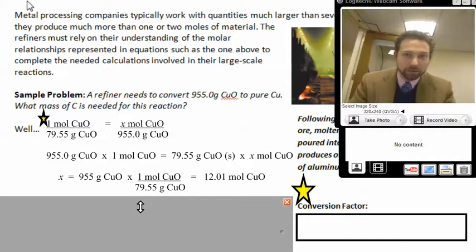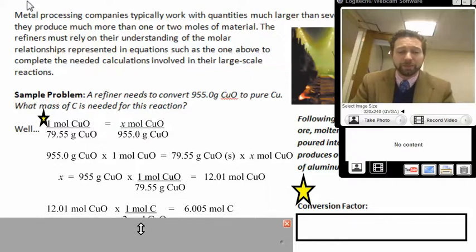We're not there yet. What we have to figure out is how many moles of carbon we need if we have 12.01 moles of copper oxide. Sorry, when I said copper, I meant carbon.